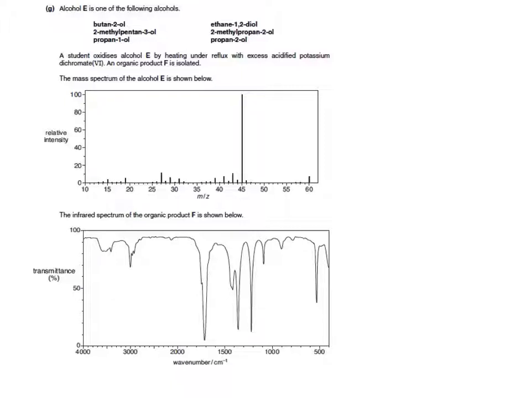In this question, one of these 6 alcohols is oxidized with this reagent, and we know that the molecular ion peak gives a value of 60, and that this carbonyl peak at around about 1700 is present when you oxidize the alcohol. The OH peak, look, has vanished.